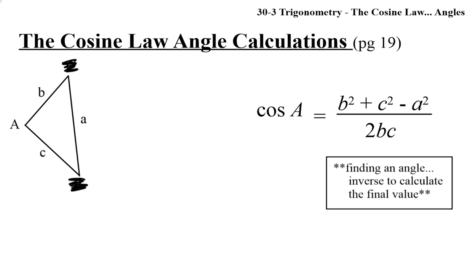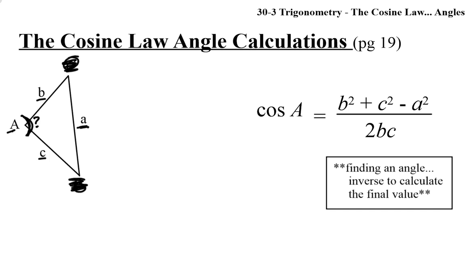We would want to calculate how big angle A is, and we would have 3 sides. Given 3 sides and no angle, there is no angle-side pairing. We want angle A, which we don't know, and without B or C, there's no angle-side pairing. So the sine law won't work, so we use the cosine law.